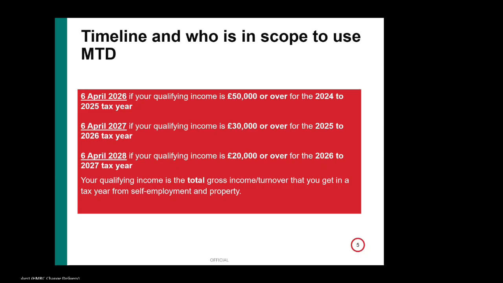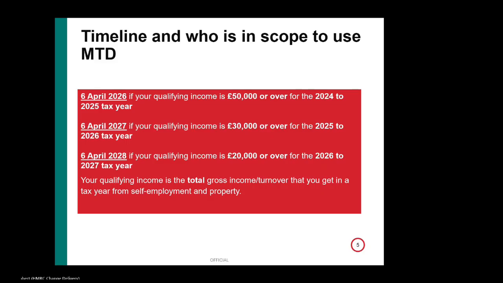And from the 6th of April 2028, those with income from self-employment and property that totals over £20,000 for the 2026 to 2027 tax year will have to do the same for the 2028 to 2029 tax return onwards.